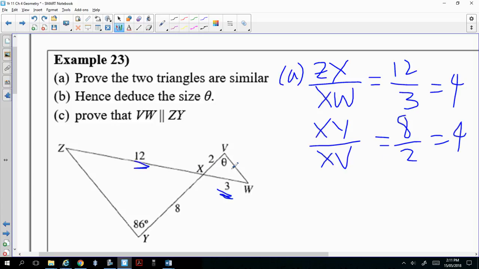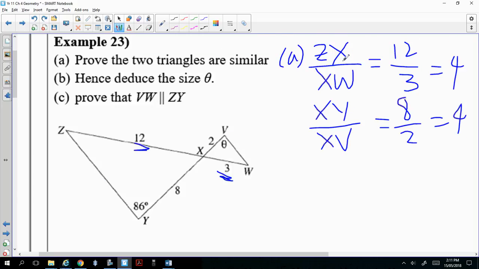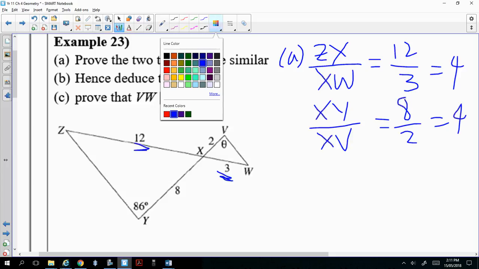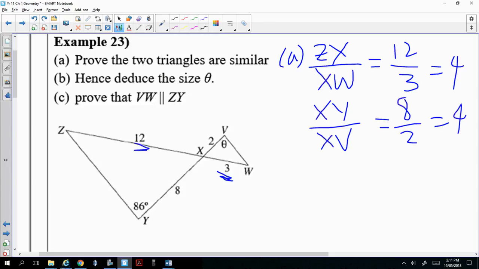So what else do we have to do after we've got 2 sides in proportion? Angles, because we are thinking about the SAS test. Which 2 will be equal? These 2, they're vertically opposite. So you write angle ZXY equals angle VXW, vertically opposite.